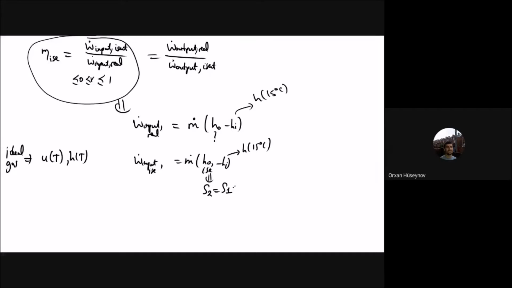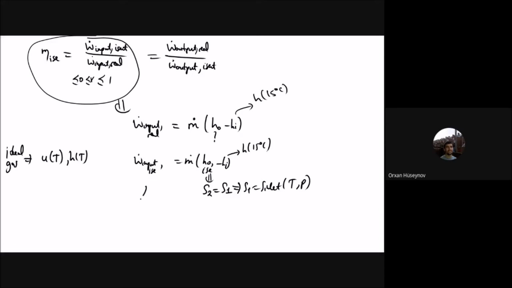I will find S1 from the given values. S1 is the S inlet, and at the inlet I know the temperature and the pressure. Therefore, I can find S1 at inlet, and then by using S1 at inlet, I can find S2, the isentropic one, and working out this ratio here, I will find the enthalpy out value here. So let me write what I've got till now.